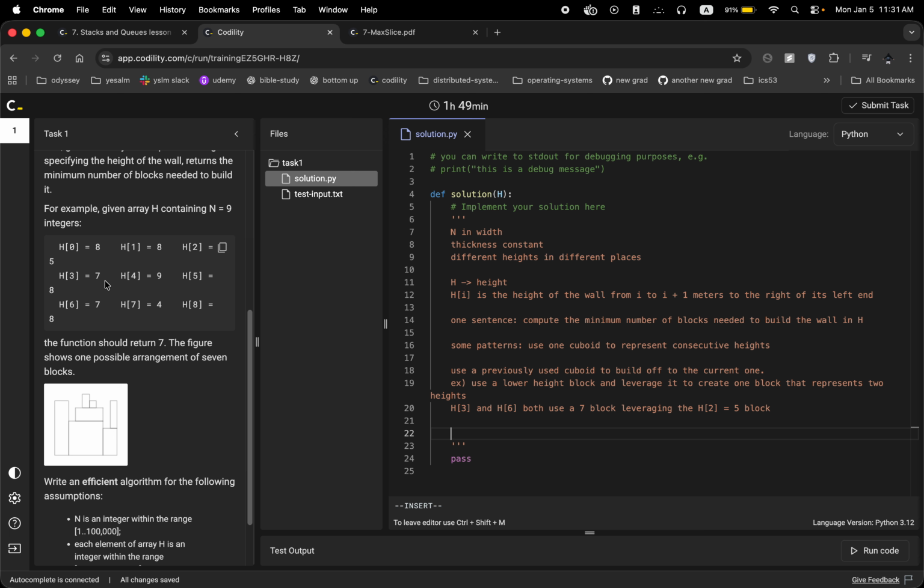We probably need a visualization in our heads, but two things. One, leverage older blocks to build new blocks.